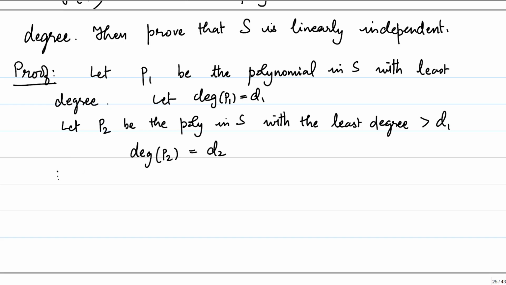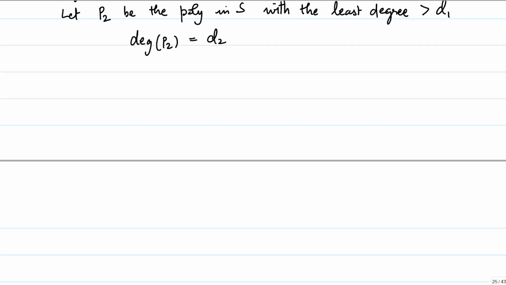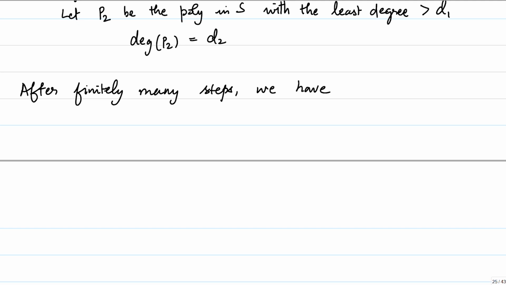So pick Pk. So therefore after finitely many such steps in the above algorithmic process, we have S is equal to P1, P2 up to say Pk.